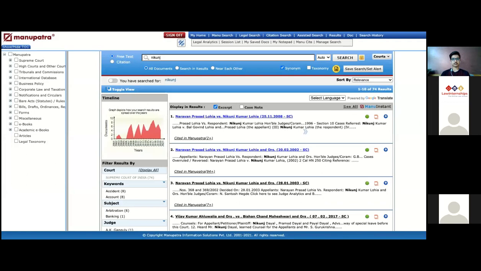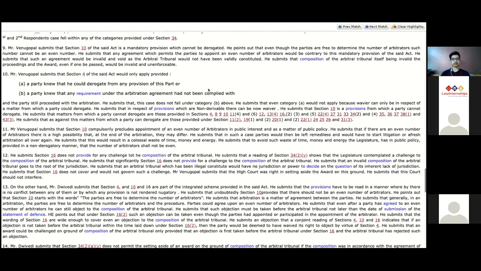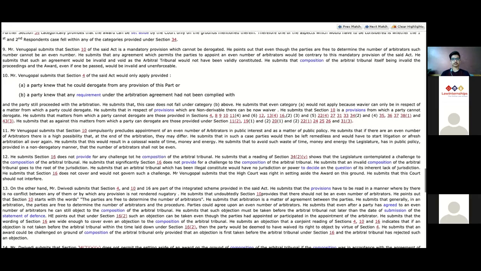A judgment or just a Manupatra page? The Manupatra page is visible. Now? Yes, sir, it's visible now.